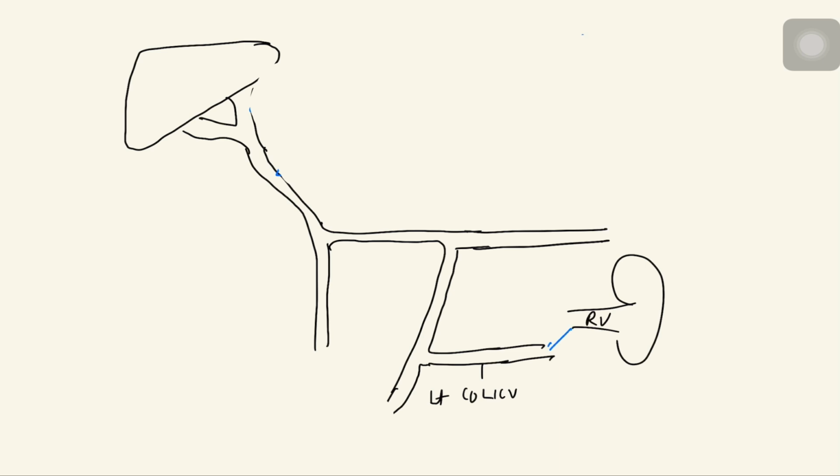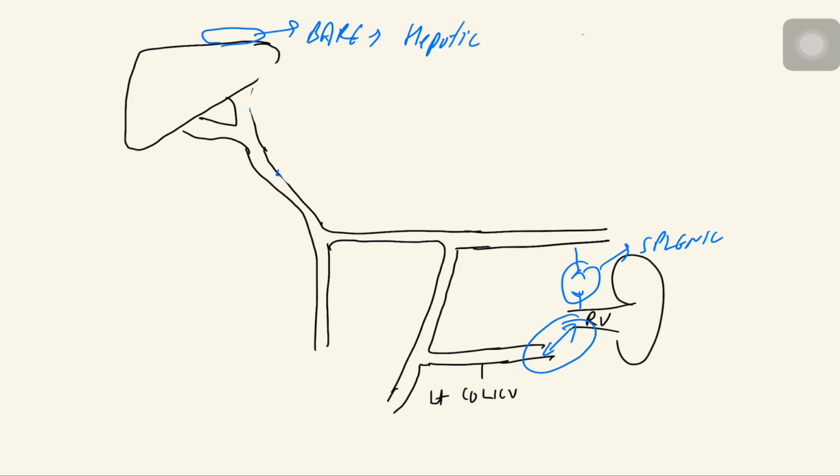Renal vein forms anastomosis with left colic vein as well as with splenic vein. Then over here you have the bare area. Through the bare area, the hepatic sinuses communicate with mediastinal or phrenic veins.